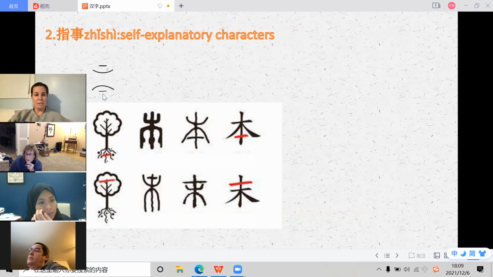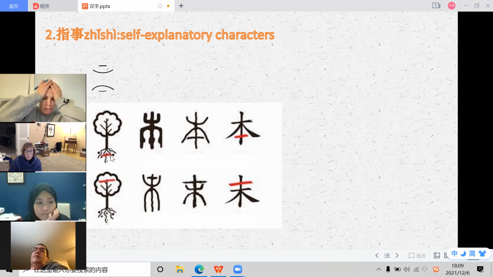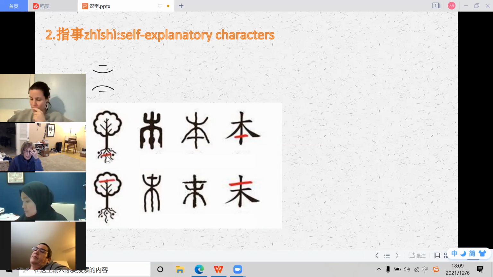And this one? It's a tree, and a hard thing is used to point at the root. So this is the root.